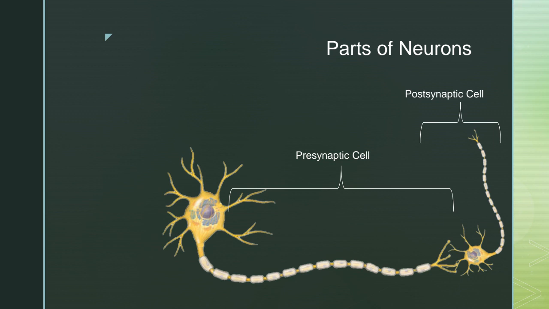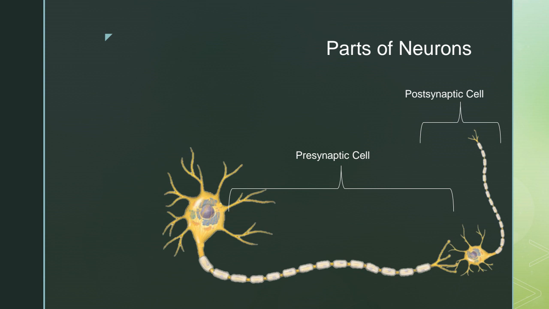This is important terminology to know because it's used a lot when we're talking about all the different behaviors we'll be looking at. We'll often see these terms come up: presynaptic and postsynaptic.